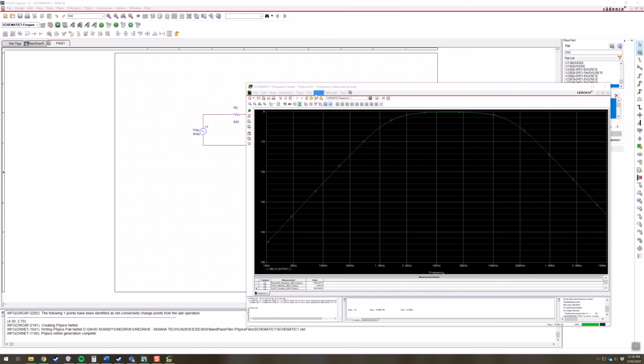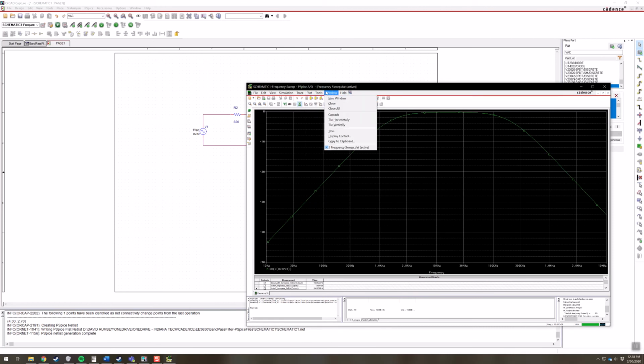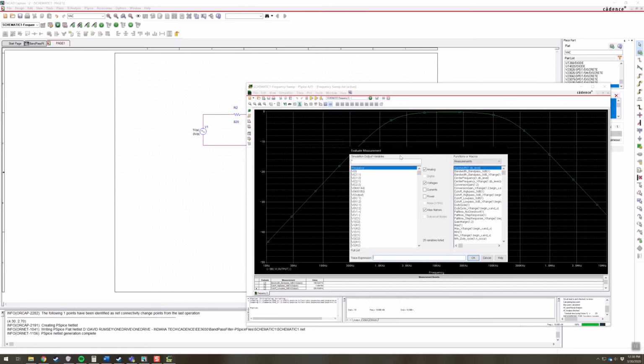And then if I want to, for instance, do the center frequency, we have to give it the output and then a dB level. So I'm going to say, I think I can do a negative there, and I'm going to say -3.